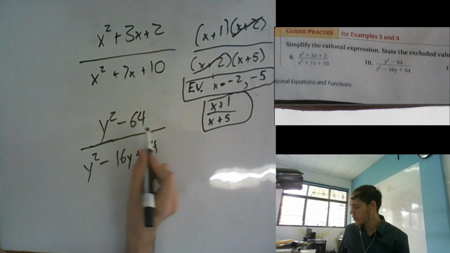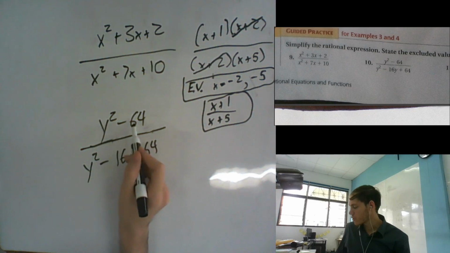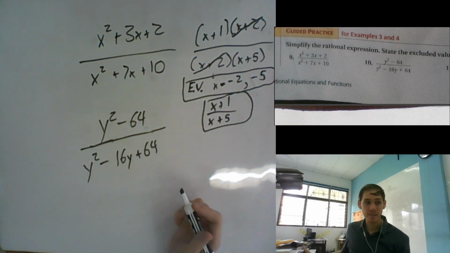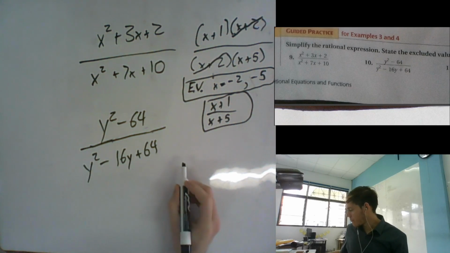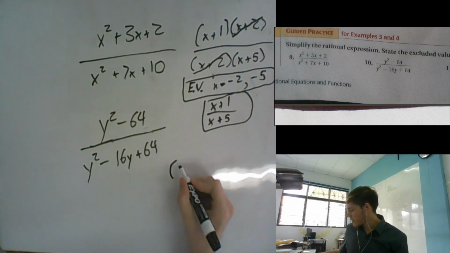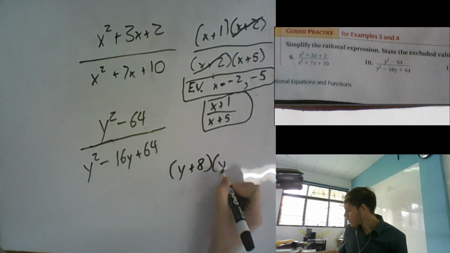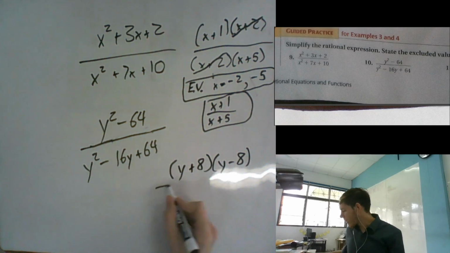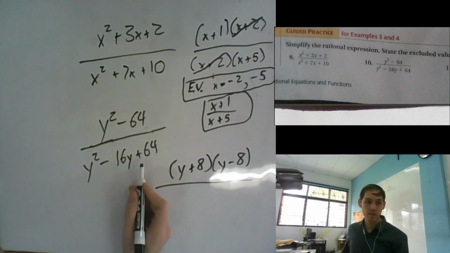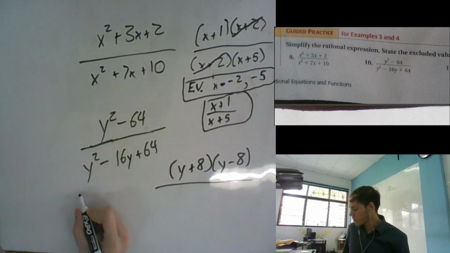So the top is a difference of squares, right? You just take the square root of 64, you get 8. Yeah, this is the last example. So you get y plus 8 and y minus 8. That's a pattern that we have learned before. This is also a pattern, but for your sake, what goes into 64? 8 times 8.